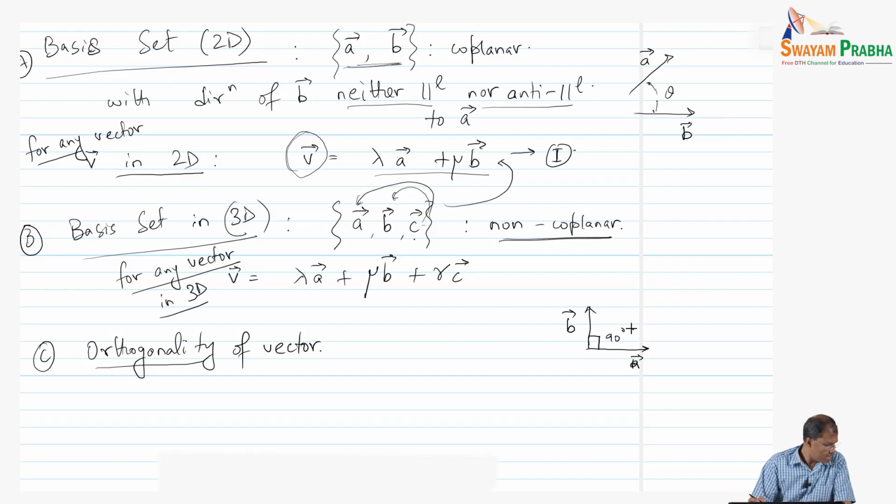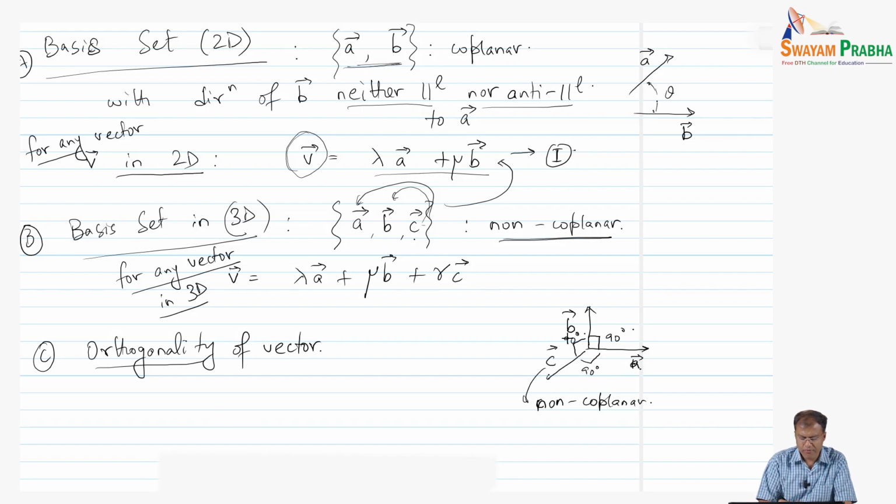And similarly, if we have a third vector C, first we have to make sure that C is non-coplanar, so vector C is not lying in the plane of A and B, and also the angle between B and C and between A and B should be 90 degrees.